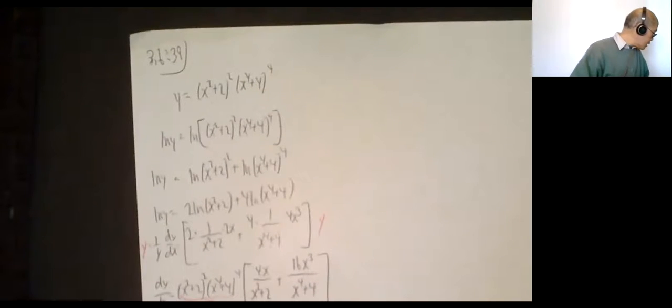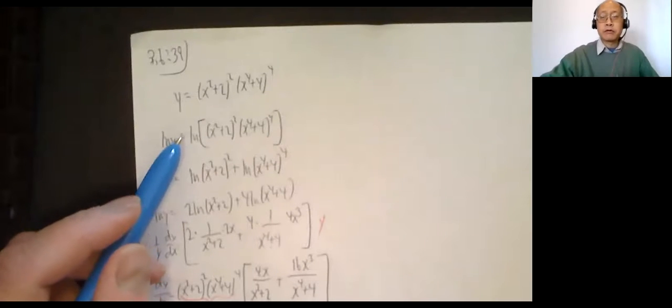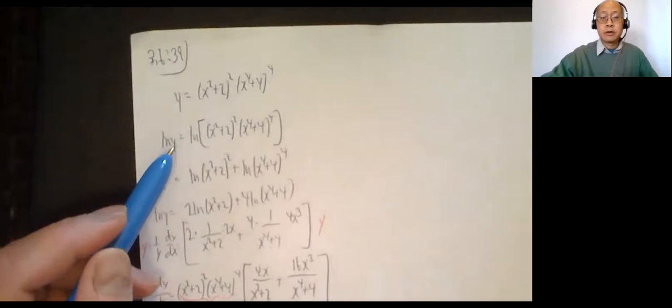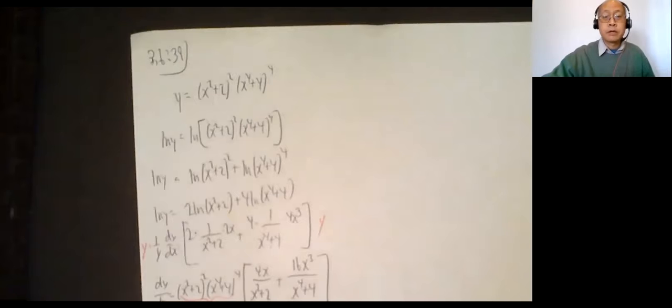3.6 problem 39. It says to do it by logarithmic differentiation. Now you realize you can do that one without logarithmic differentiation also, right? You can just do the regular product rule and chain rule stuff. So, take the natural log of both sides.